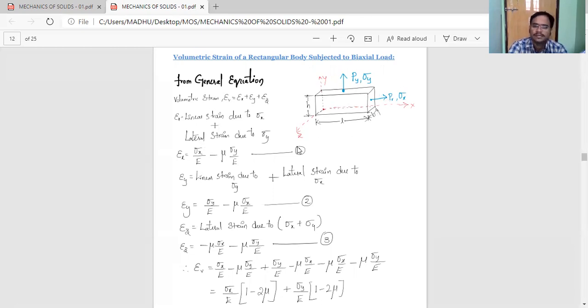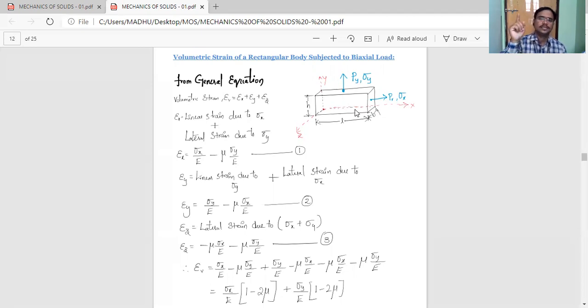Now, very important, in the x direction the dimension we have is L. The changes in L are because of Px and Py, and we will find those changes.